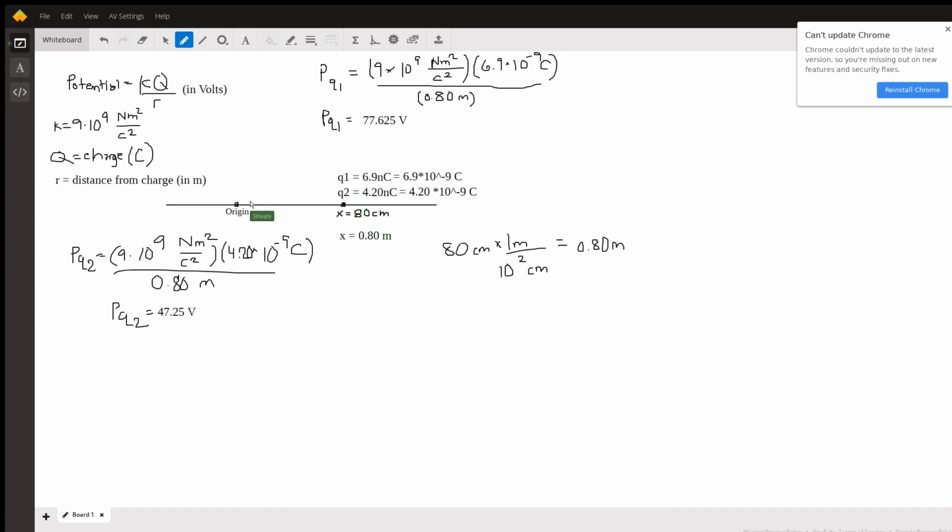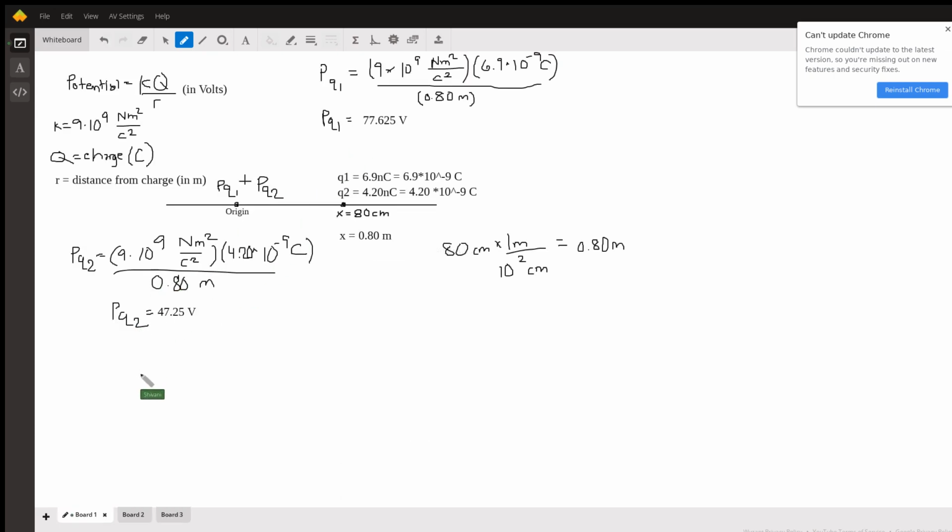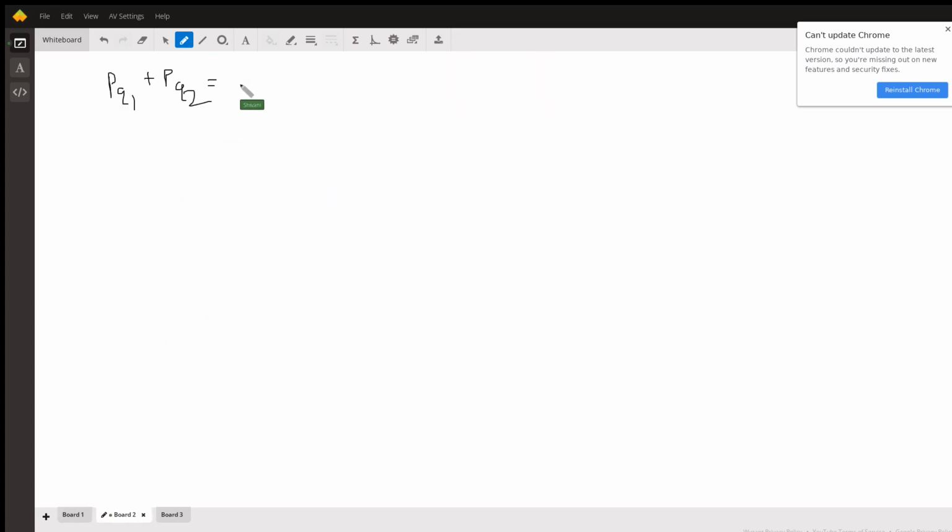So now the electric potential at the origin is going to be V from Q1 plus V from Q2. I'm just going to do this on another board here. So V Q1 plus V Q2 would be equal to 77.625 plus 47.25.